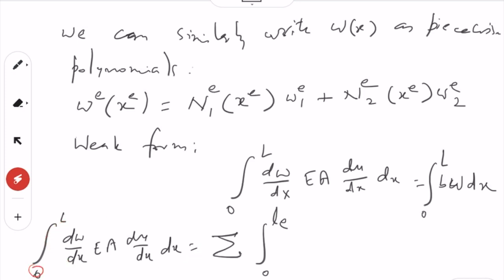So, the 0 to L domain has to be divided into 3 of them, right.